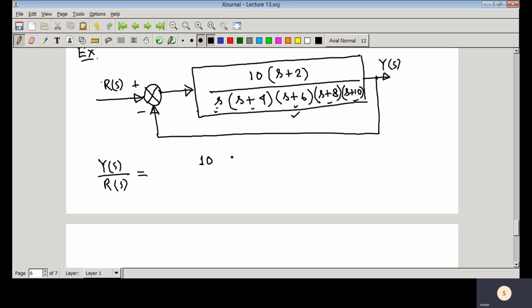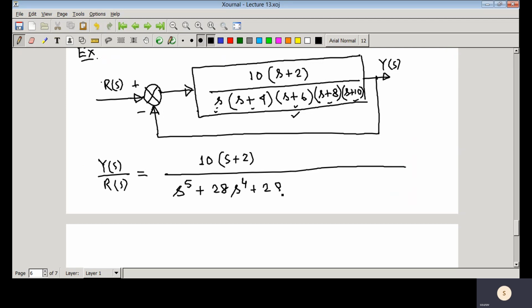If you simplify that, you have s plus 2 in the numerator, and in the denominator s to the power 5, 28 s to the power 4, 284 s cube plus 1232 s square, 1930 s and 20. So this is the closed loop transfer function, Y(s) by R(s).